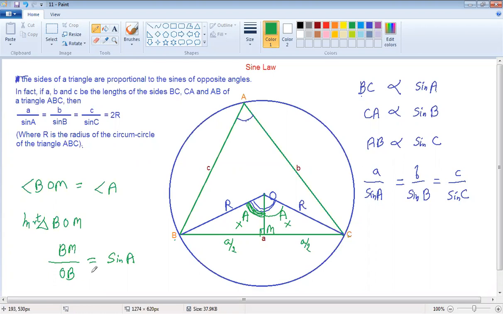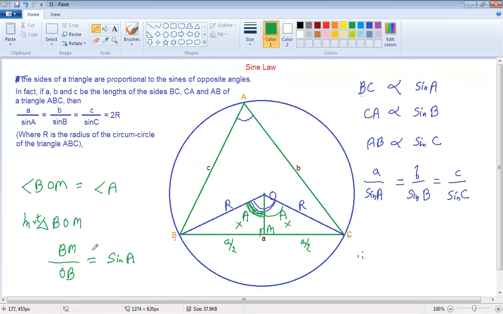So perpendicular upon hypotenuse is sine of the angle A. Is this clear?